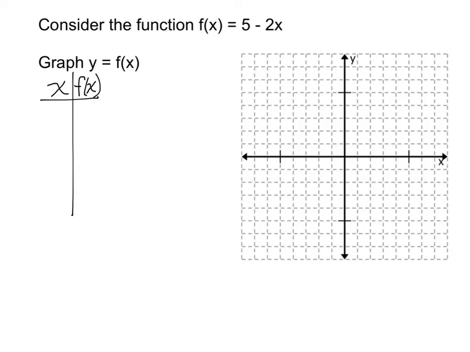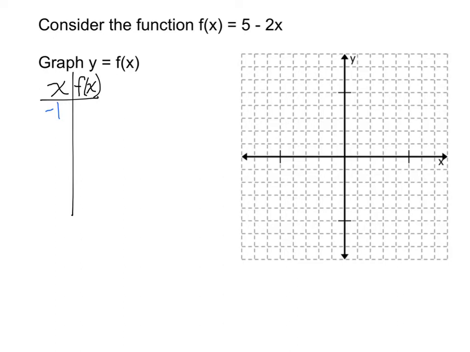All right, so we're going to use this input-output table, construct a table and draw a graph. We're going to do our work down below here and then put our work in the table. So let's pick some values. Let's say I use an input of -1. Let's see what our output would be.